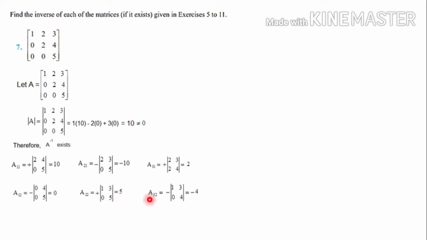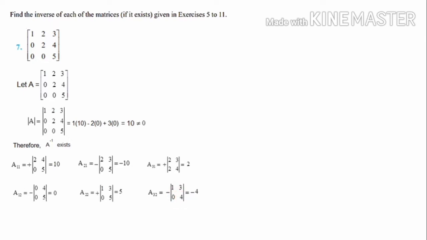Next is the cofactor of the element A32. That is 0. If you take that 0, its row and column is gone. The remaining elements are 1, 3, 0, 4. The sign is minus because 3 plus 2 is 5, an odd number. Then when you multiply, 1 into 4, 4, minus 0 into 3, that is 0.